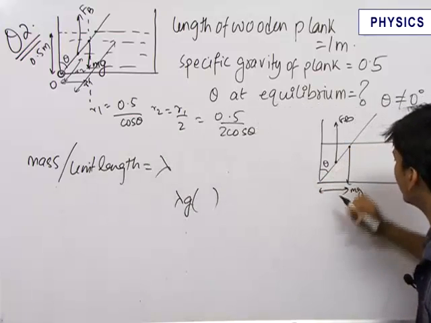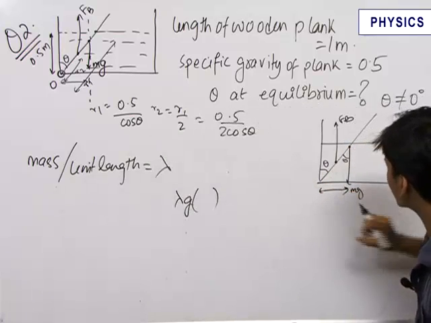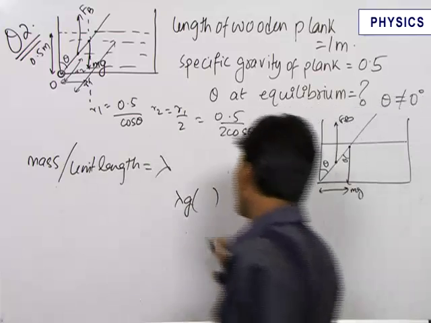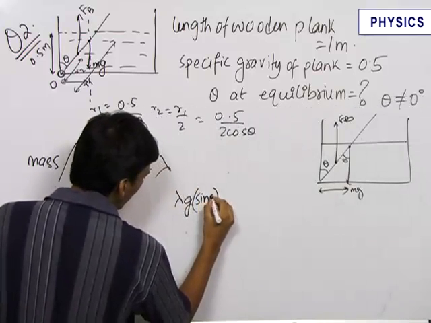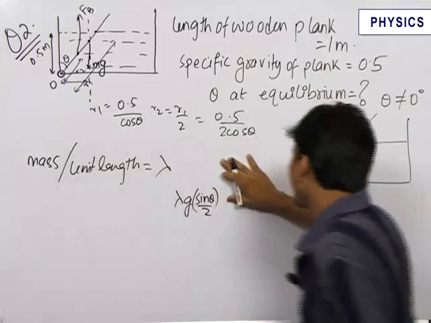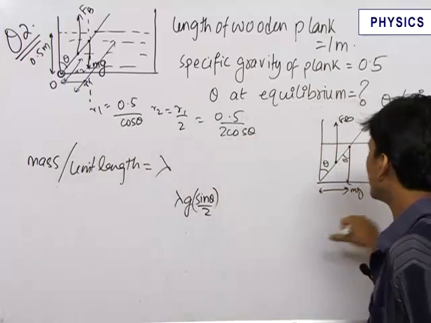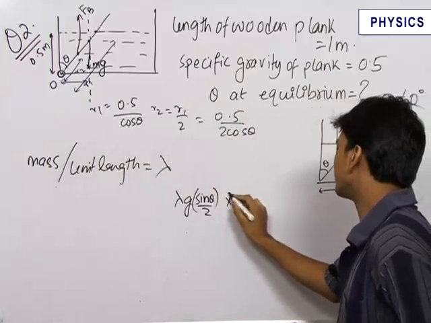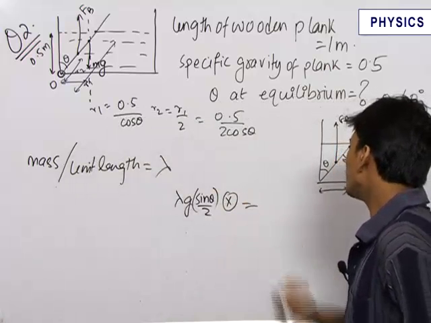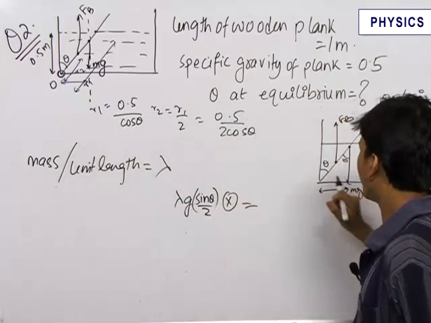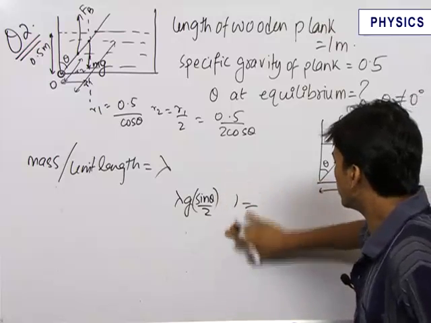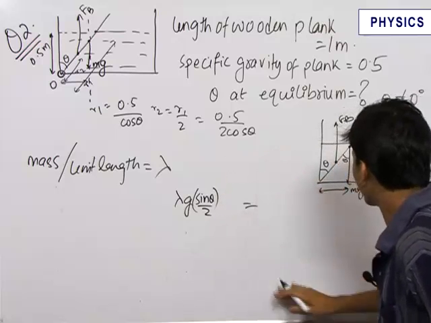This was half meter. Therefore this is half cos theta, and this is half sin theta, that is sin theta by 2. Therefore lambda g sin theta by 2 is the torque of mg in the inward direction. This should be equal to the torque of FB in the opposite direction. So we forget the directions now, we just equate the magnitudes.